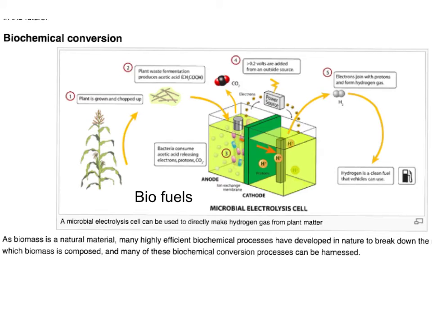Down here on this end, hydrogen is the end result. Hydrogen is a clean fuel that vehicles can use. If you guys remember your chemistry, when you burn hydrogen, you ultimately end up with water. So imagine your tailpipe having just water come out of it as you travel down the road.